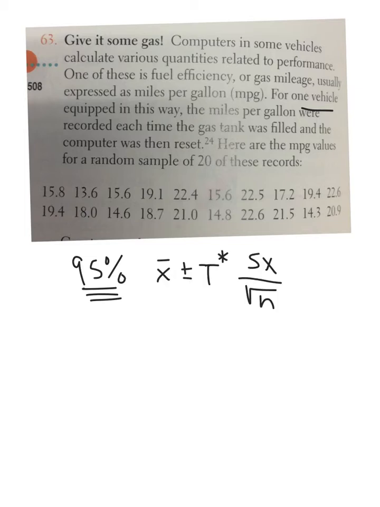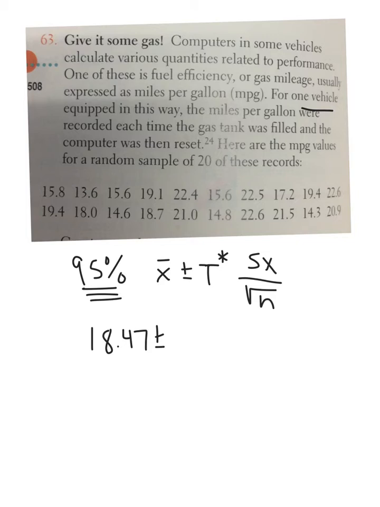I'm going to start with my formula. I put the numbers into list 1, and I got the sample average, or x bar, is 18.47 plus or minus. Well, I have to do the t distribution.